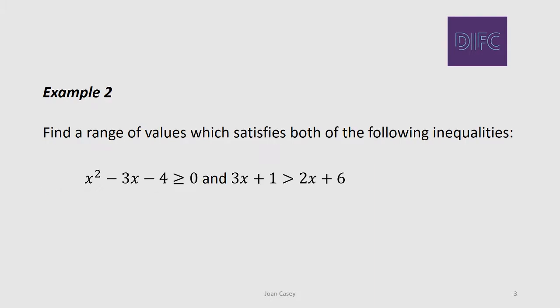We look at example 2. In example 2, we're looking to find a range of values which satisfies both of the following inequalities. The first inequality is x squared minus 3x minus 4 is greater than or equal to 0, and the second is 3x plus 1 is greater than 2x plus 6. So we're looking for a range of values which will satisfy both.